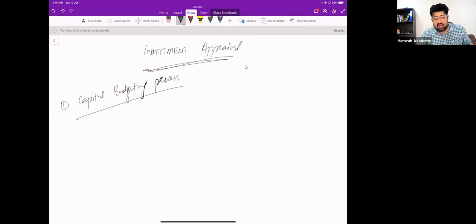So students, in the capital budgeting process, the first step is generation of ideas.